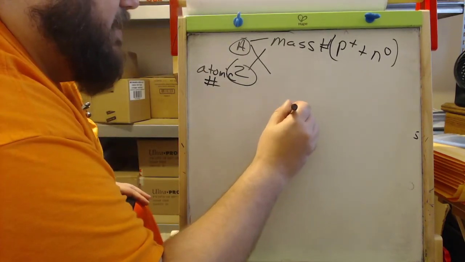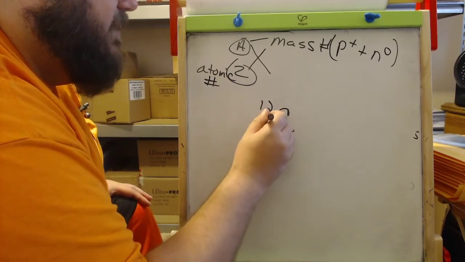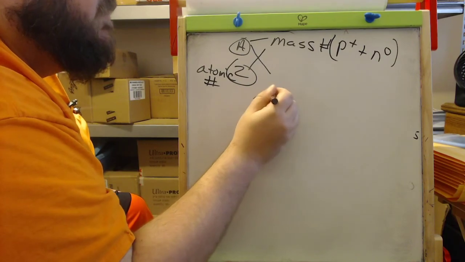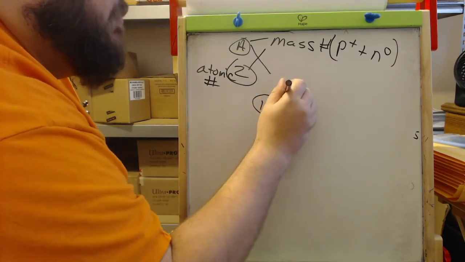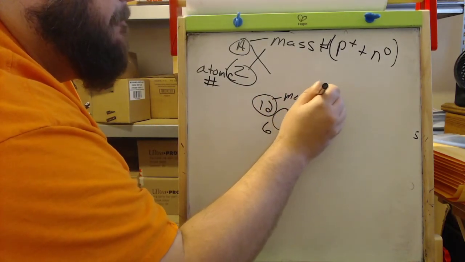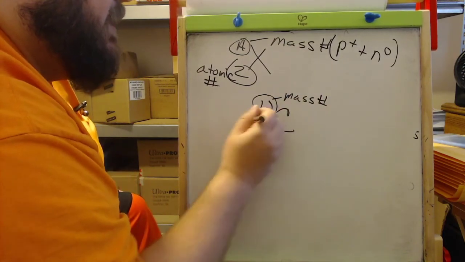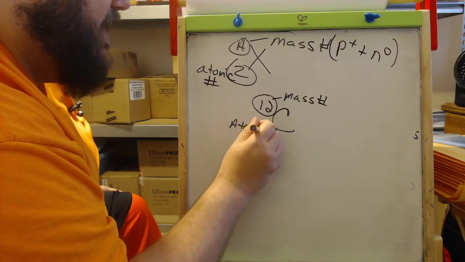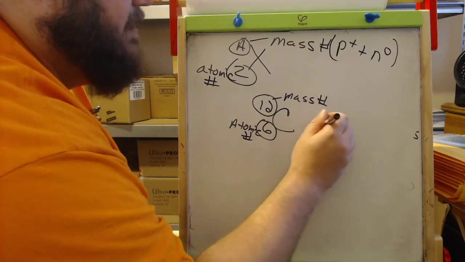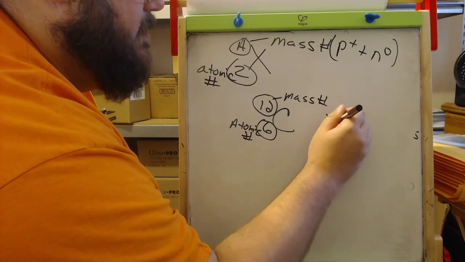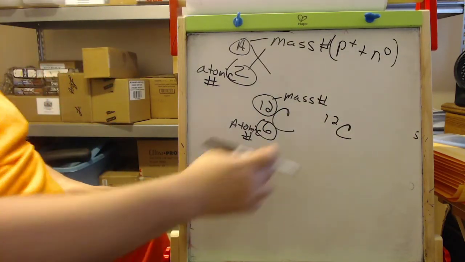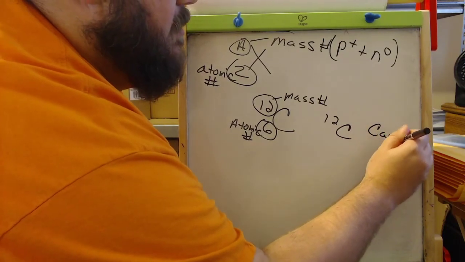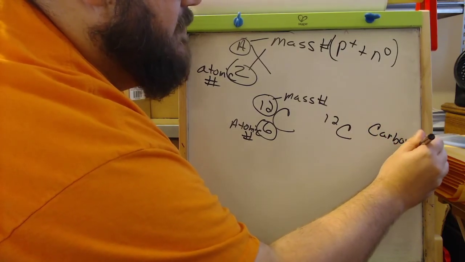So if you see something like C12, 6: 12 is the mass number, 6 is the atomic number. Or you might see it written without the atomic number, or in longhand, carbon 12.